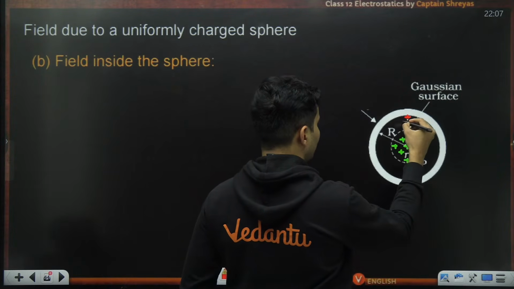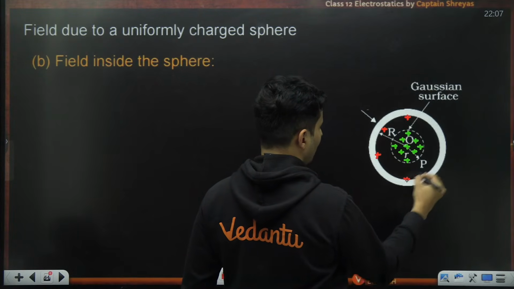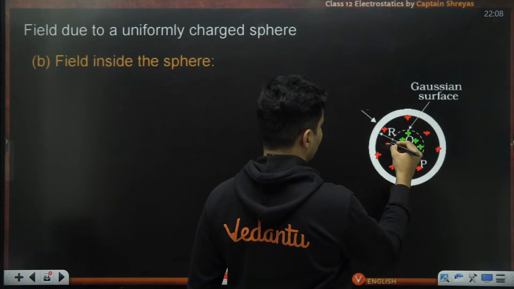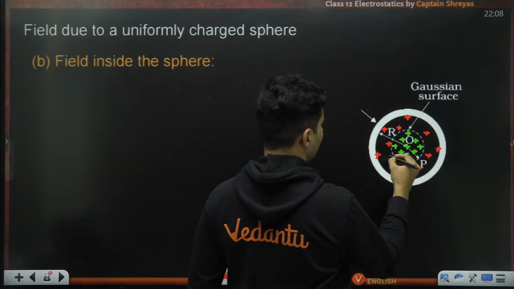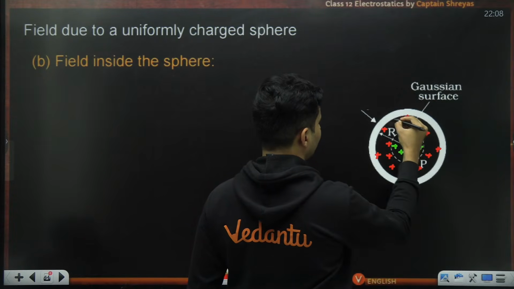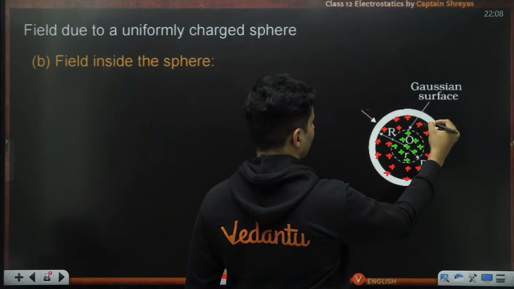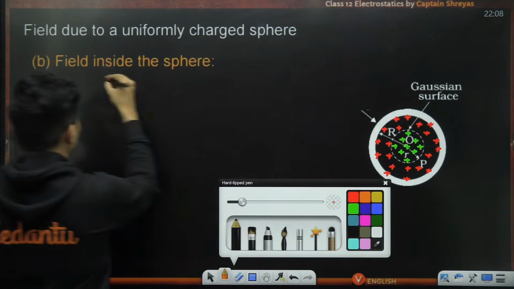Like these charges over here, they are outside that particular Gaussian surface, as you can see.